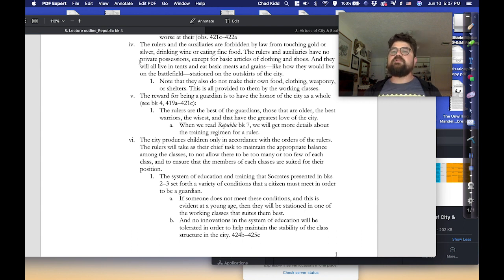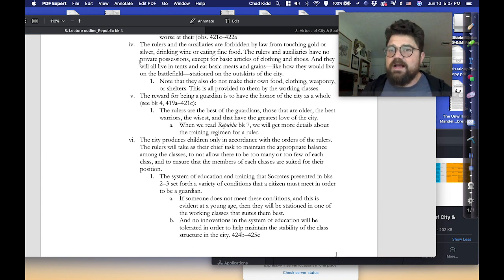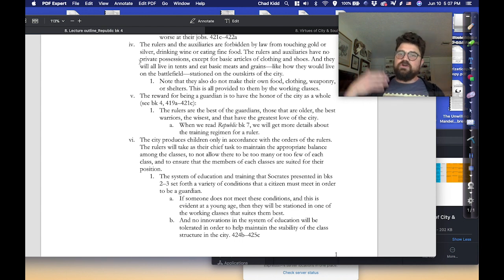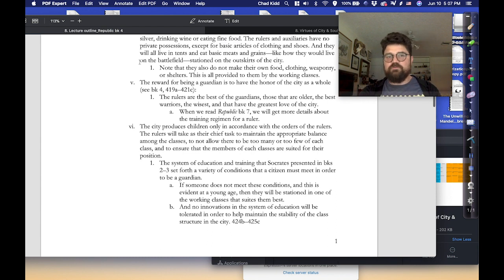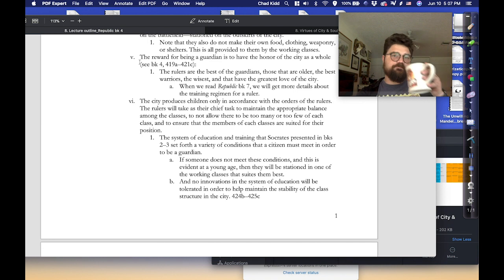Instead, they will be thoroughly dependent upon the working classes for these provisions. Okay? So there's a certain incentive on the part of the rulers to make sure that the working classes are well taken care of. That way, the rulers in turn will reap the benefits of healthy working class people, right? Namely, in the form of the goods that they provide to them.